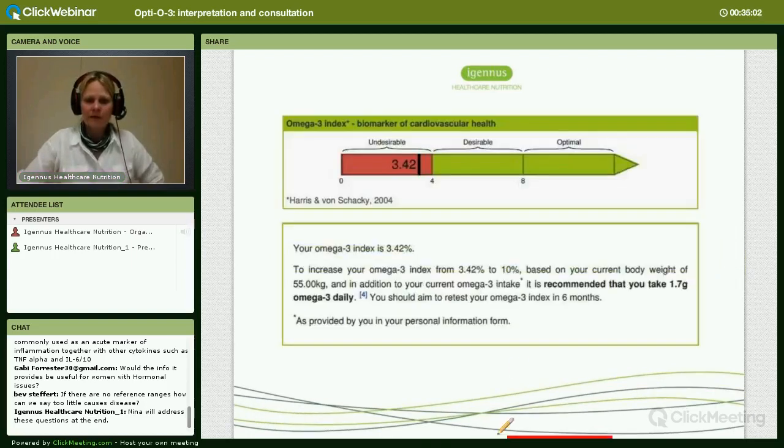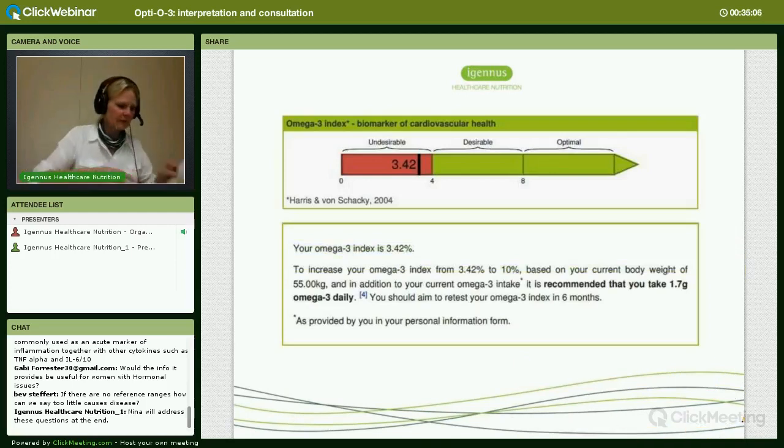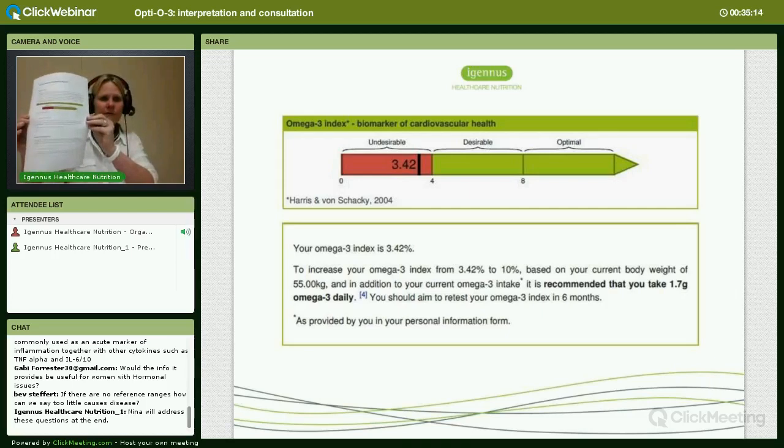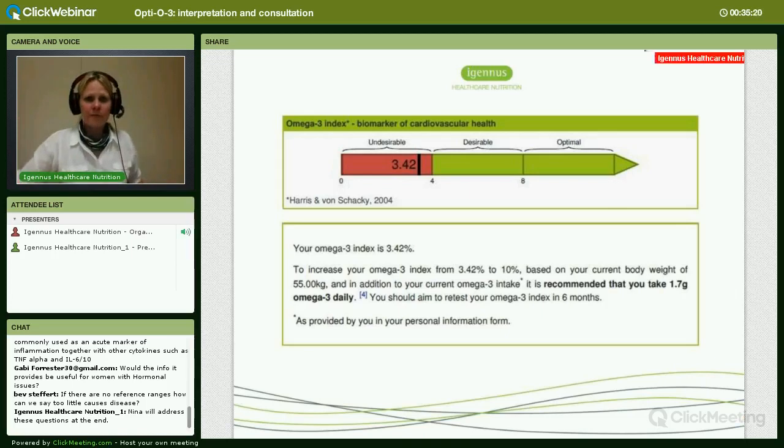And if we then put them into our biomarker panel, this is how the results actually appear in the report itself. So we've tried to keep it fairly simple, fairly easy to understand. So this individual, their omega-3 index is 3.42.